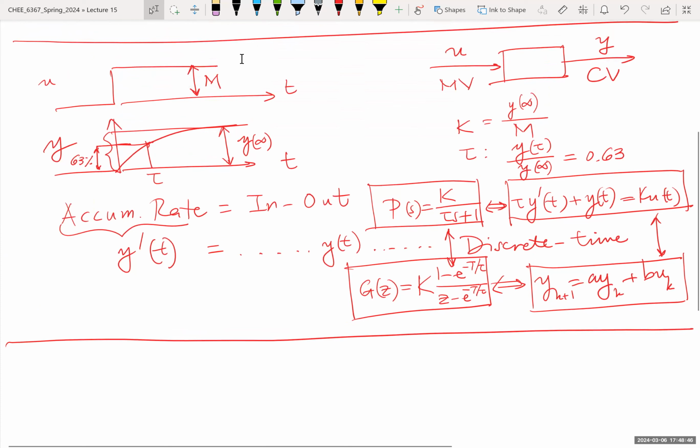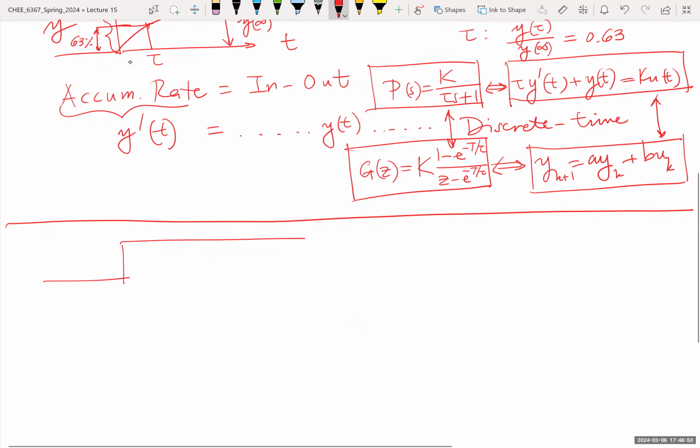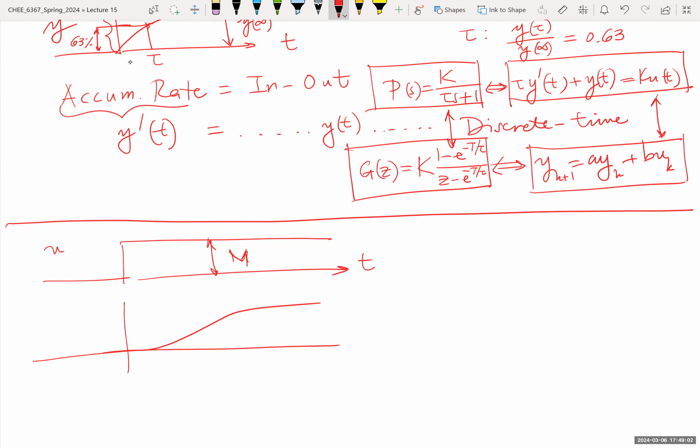A simple experiment would be a step response experiment such as this. It's only that for a step response experiment, if you make a step change of magnitude m for your input over time, the output may behave like this, which you approximate by first order plus time delay.